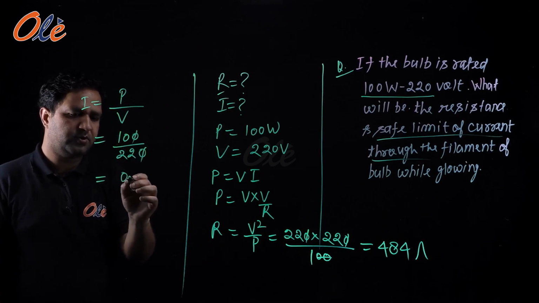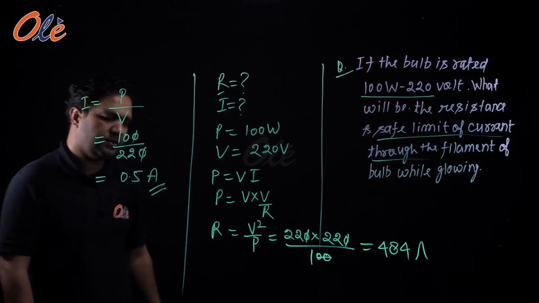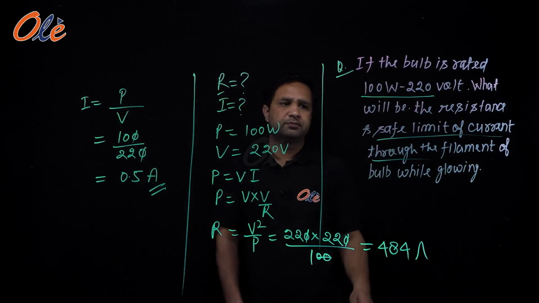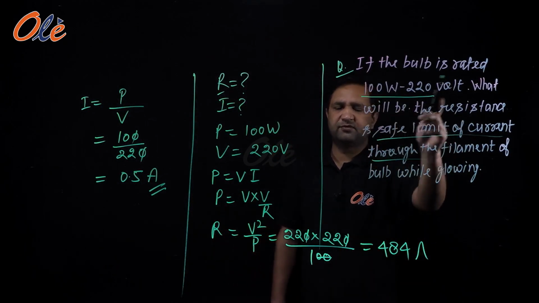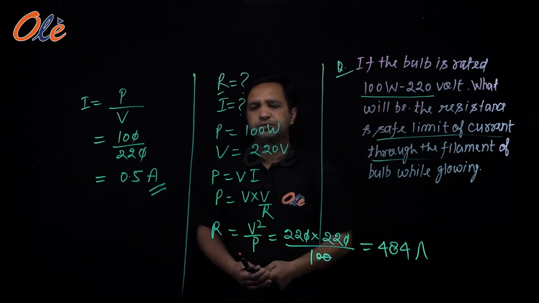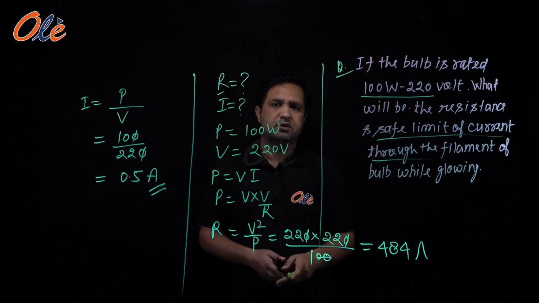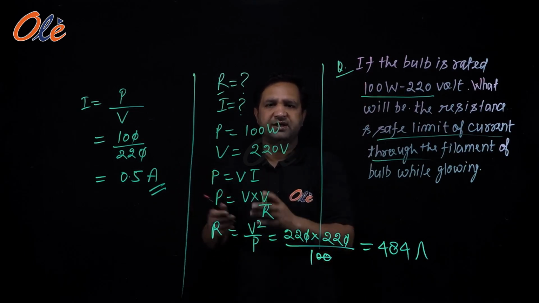Approx 0.5 ampere. So this will be the safe limit of current which we can pass through the filament of this bulb. Okay, so these were a few questions on the basis of the concept we have studied of electrical energy.